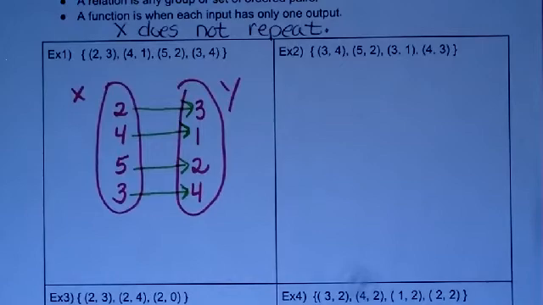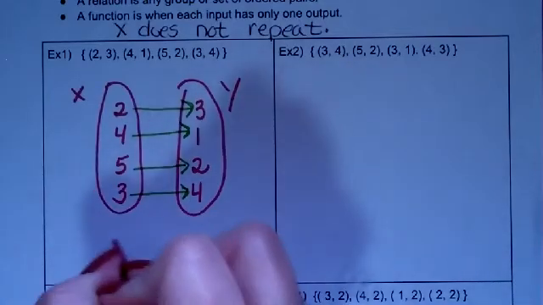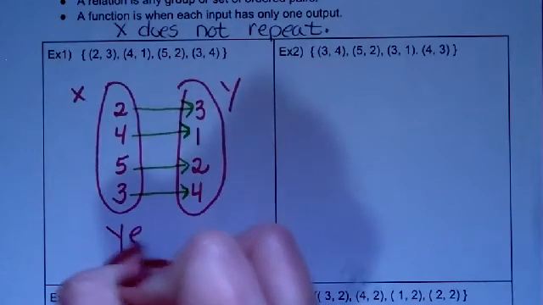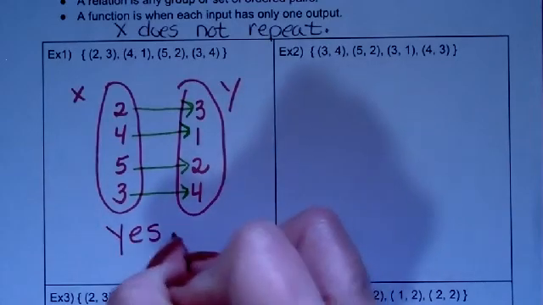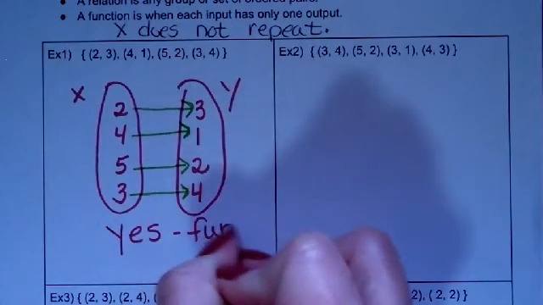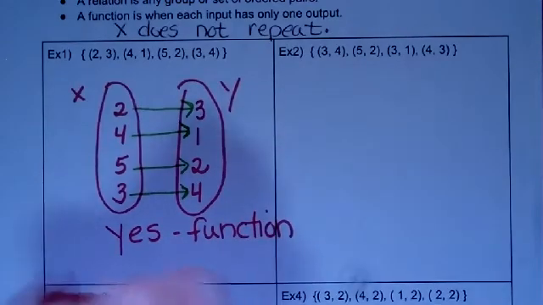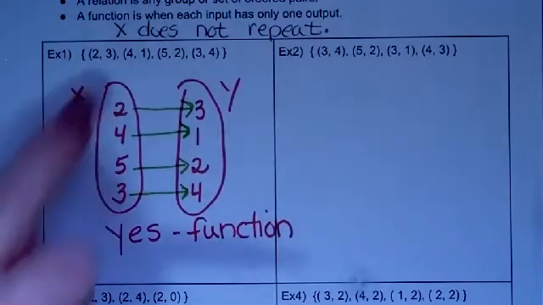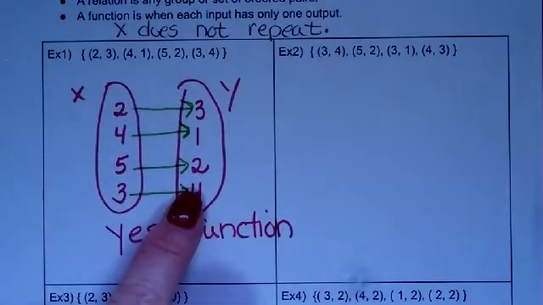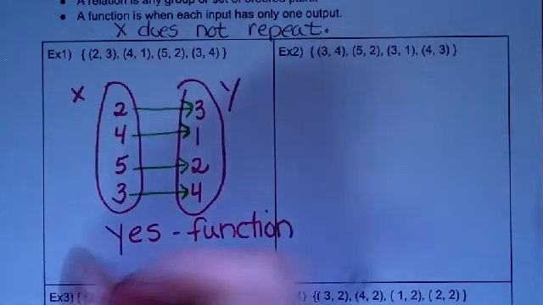Okay. Now, what I'm going to do here is ask myself, is this mapping showing a function or not a function? And the answer is yes, it is a function. Okay. The reason it is a function is because every X right here has only one arrow coming from it.